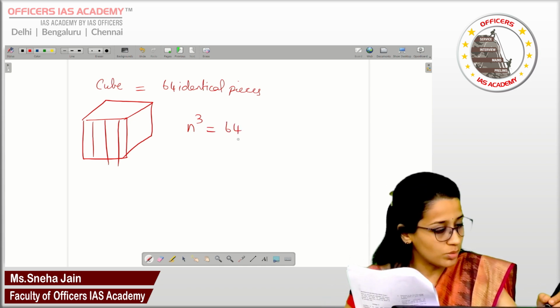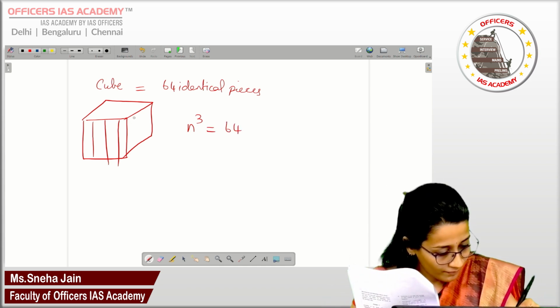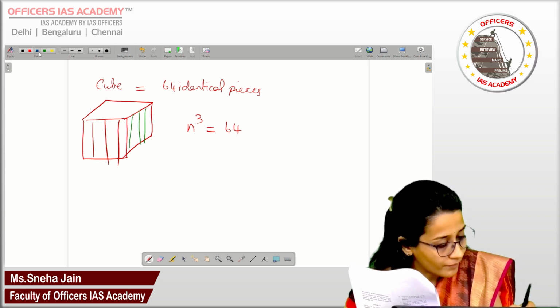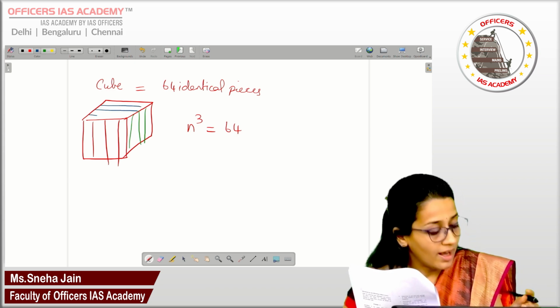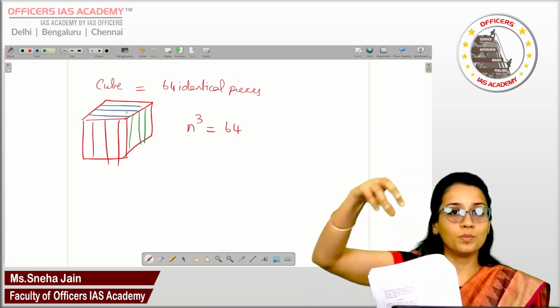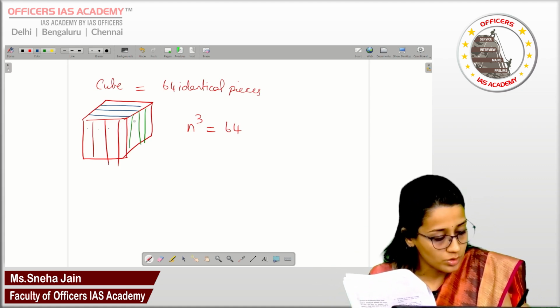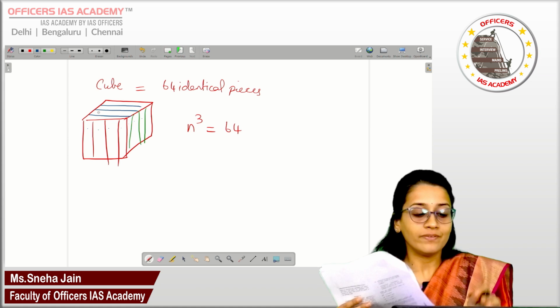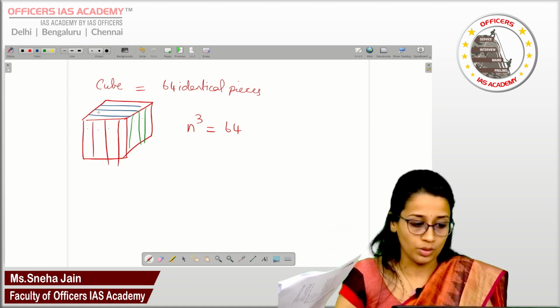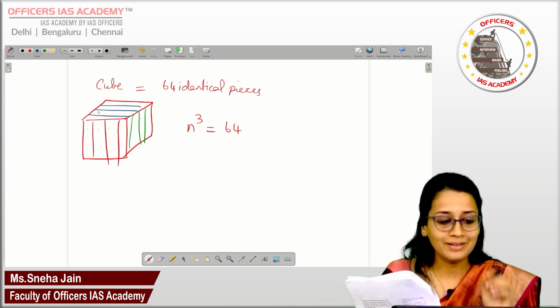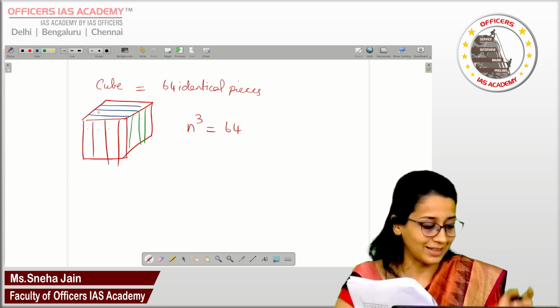So, if we have 4 cubes on each side, 1, 2, 3, 4, 1, 2, 3, 4, 1, 2, 3, 4, then it results in 64 cubes together. But remember, the question is asking you the number of cuts, right?